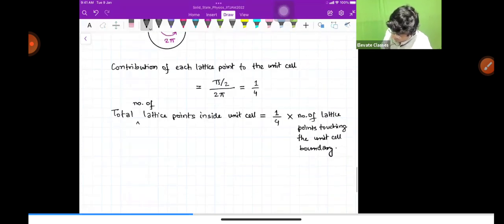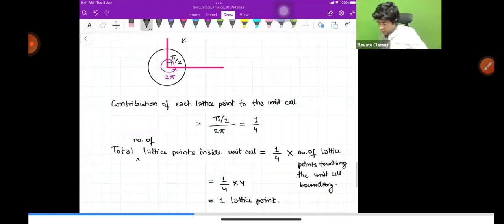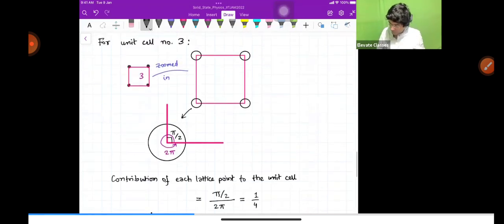Here we have 4 of them. So 1 by 4 multiplied by 4, we have 1 lattice point. The total contribution is 1 lattice point. We are not talking about atoms. This is a lattice point. We'll talk about atoms later on.